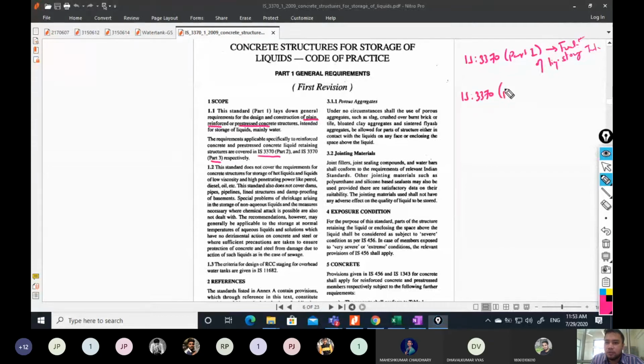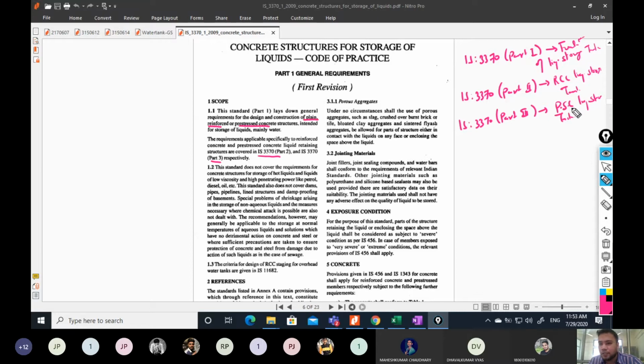Part 2 is for the reinforced concrete liquid storage tanks, and Part 3 is for the pre-stressed liquid storage tanks.